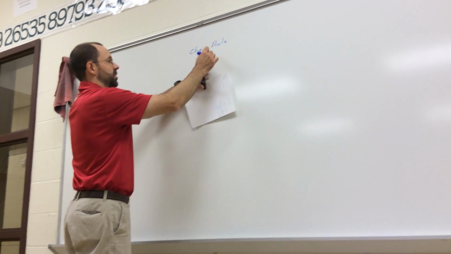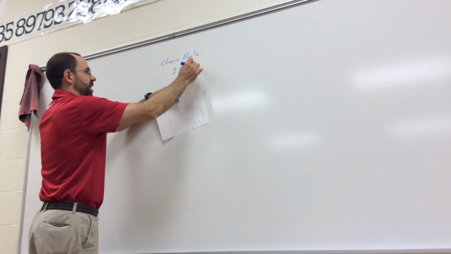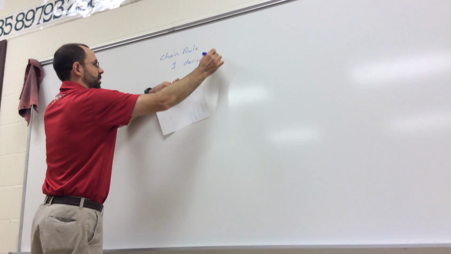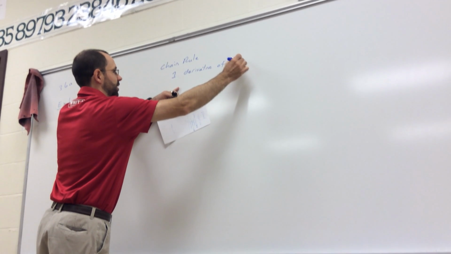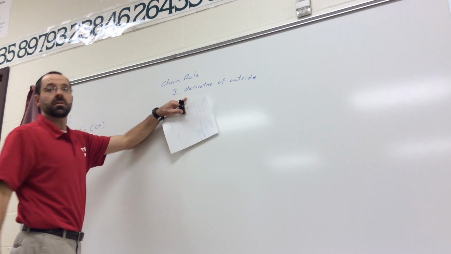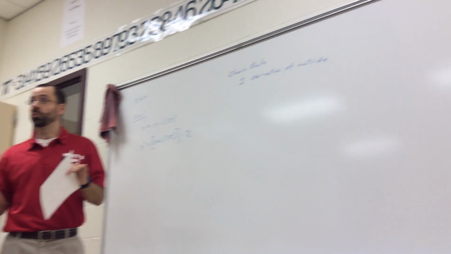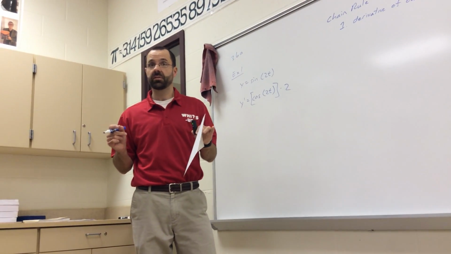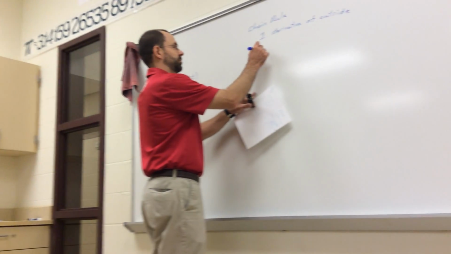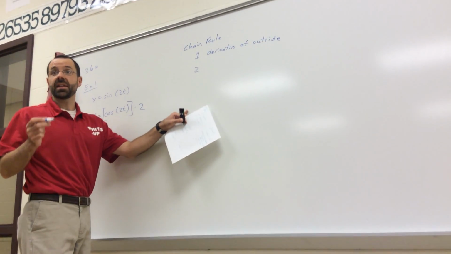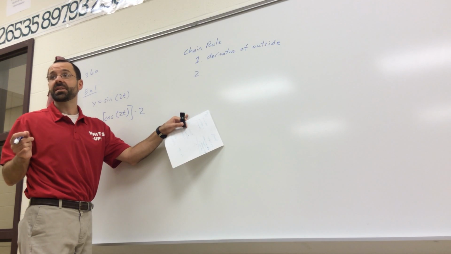The first step is derivative of outside. So the very first thing you do is you take the derivative of the outside function. Okay, then you plug the regular inside into it.